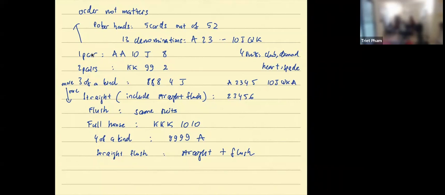No, that's not too easy. You can move to the four of a kind, but how many ways can we get a straight flush? Well, let's ask a different question.